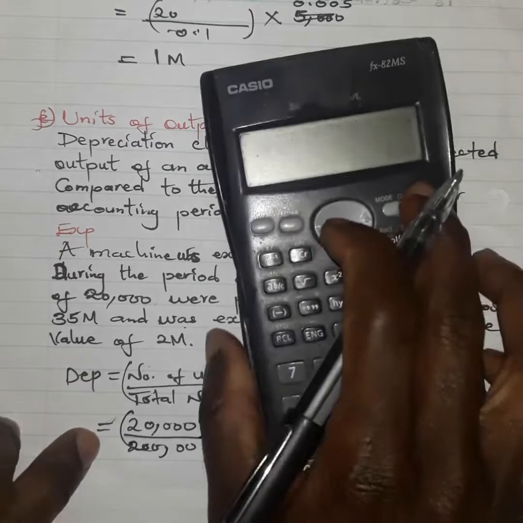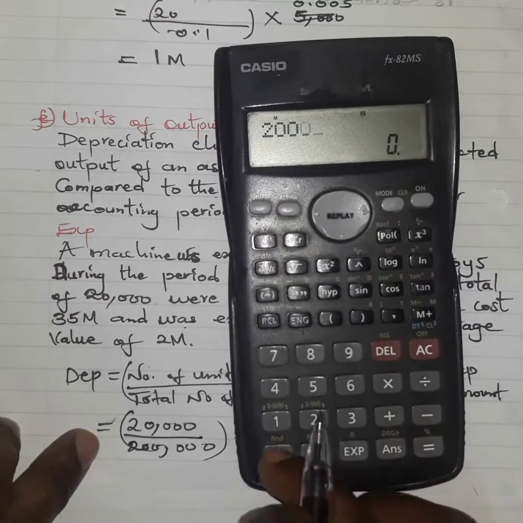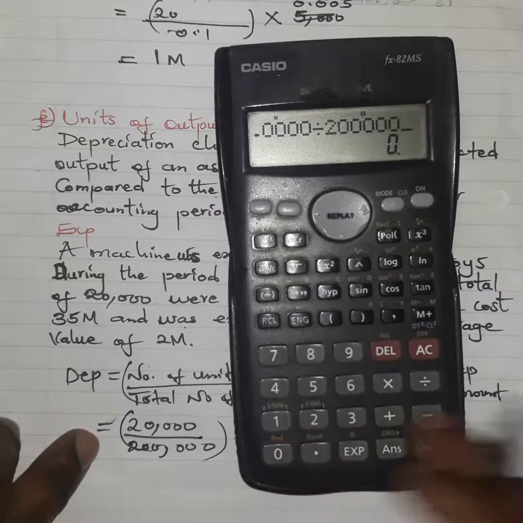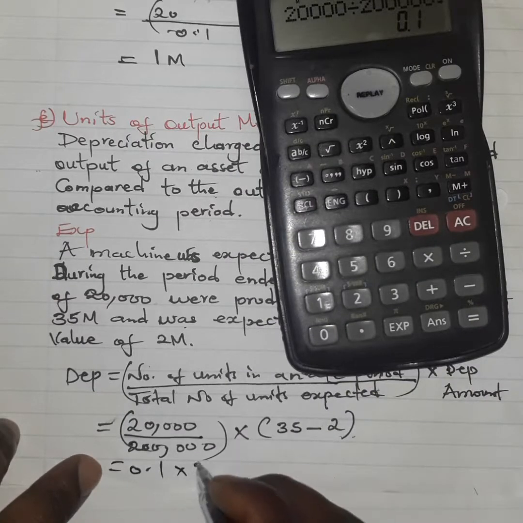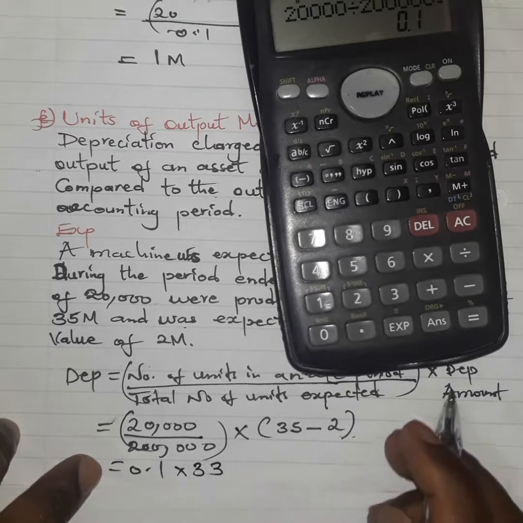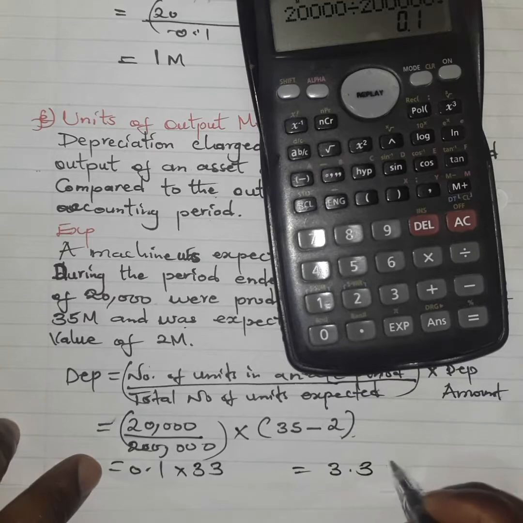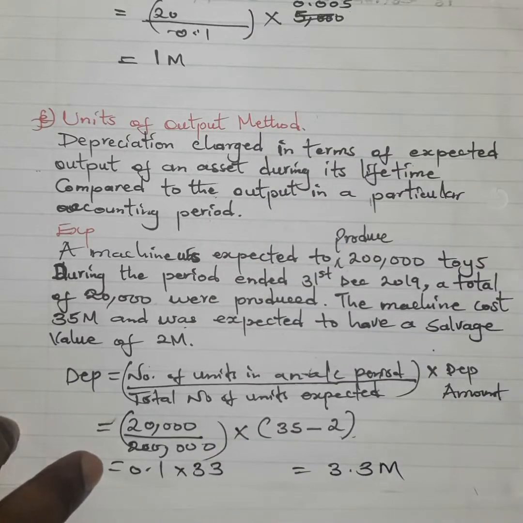And in this case, we have 20,000 divided by 200,000. We get 0.1 times 33. We get a value of 3.3 million. That is the depreciation that was charged.